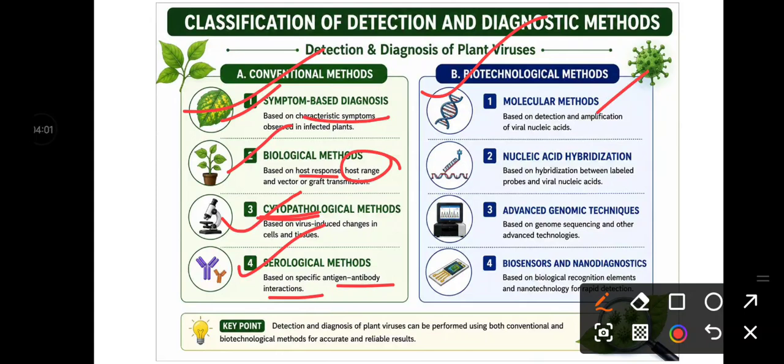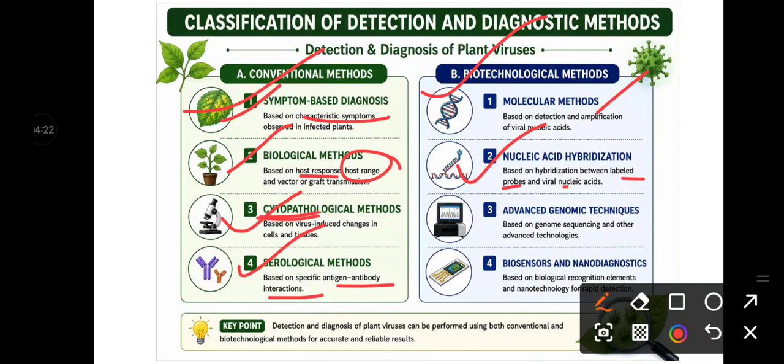Then the nucleic acid hybridization method, which is based on hybridization between a labeled probe and the virus nucleic acid. If it is truly hybridized, then we can confirm that the particular virus is there.